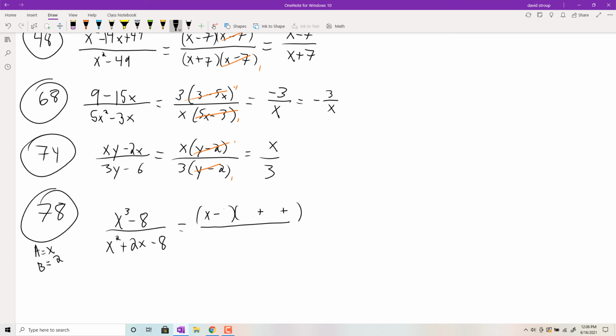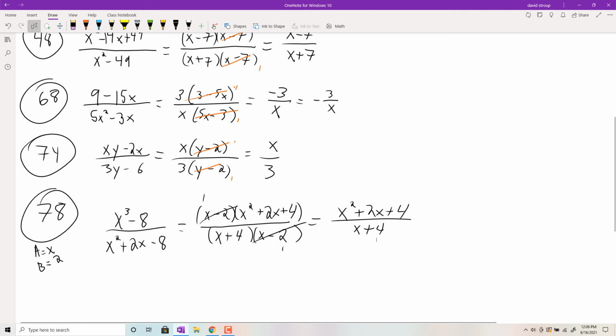This will be x minus 2, and then x squared plus 2x plus 4. And then that's all over this other thing, which I'm going to factor, or try to, at least. So this will be x plus x minus 4 and 2. With the bigger number, has to be positive. And then we can remove the x minus 2's, and we're just left with x squared plus 2x plus 4, which is not factorable, all over x plus 4. Okay.